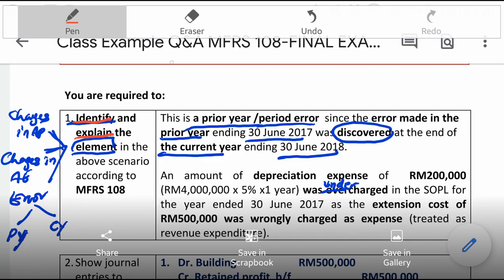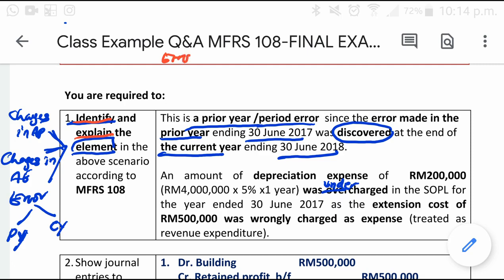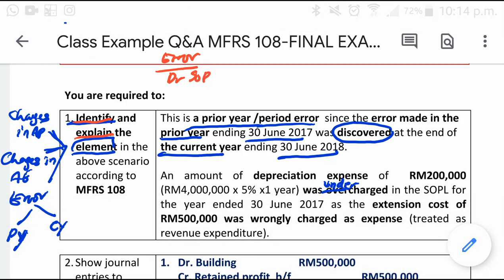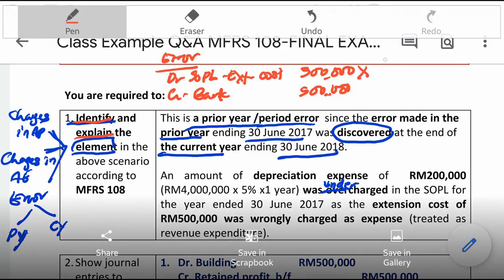What is actually the error, if I were to show you here? The error is that you debit this to the expense, because you treat the extension cost of 500,000 as an expense, and you credit bank. And this is wrong.